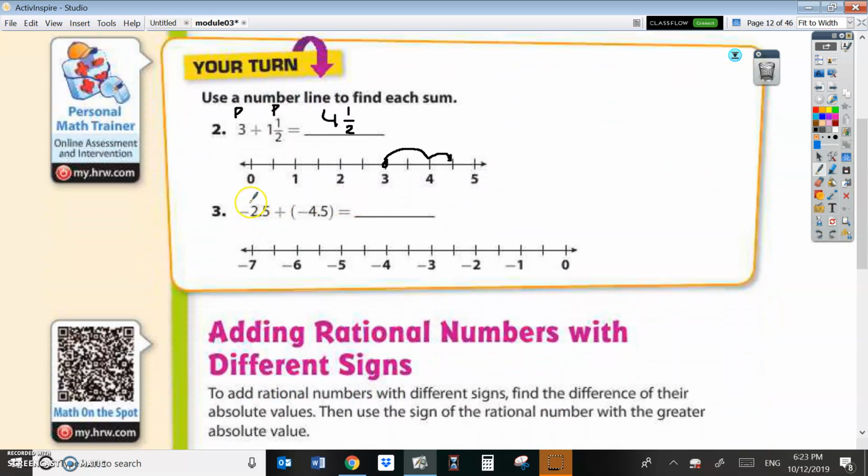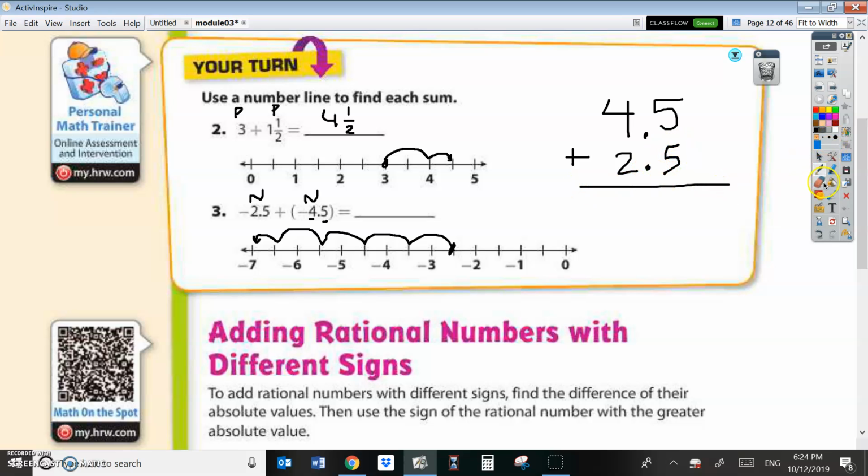So where you're starting negative and you're going more negative, start at negative 2.5, go 4, so 1, 2, 3, 4, and then go half, and you get negative 7. Or you could line up decimals, 4 and 5/10 plus 2 and 5/10.